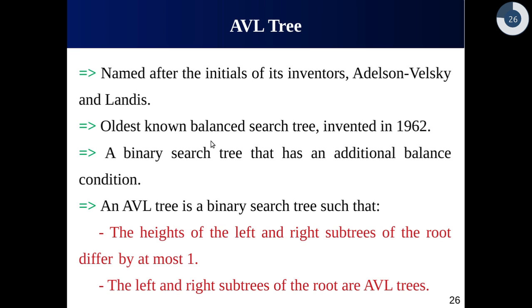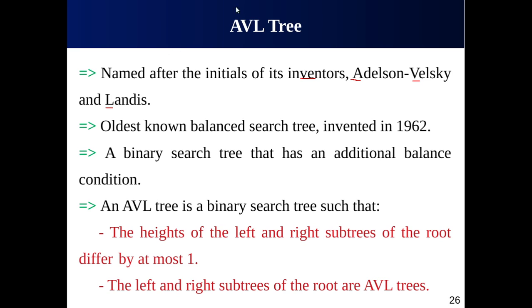Now come towards the definition of the AVL tree. The tree is actually named after the initials of its inventors, Adelson-Velsky and Landis. So A from here, V from here, and L from here. That is called the AVL tree.